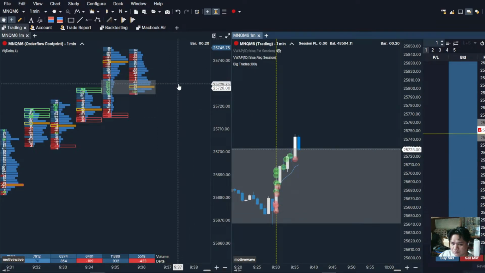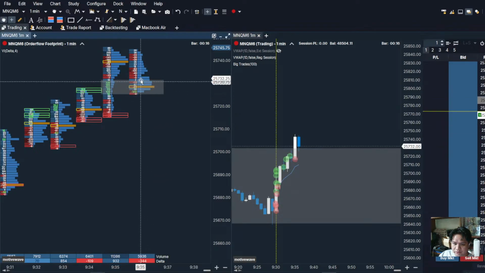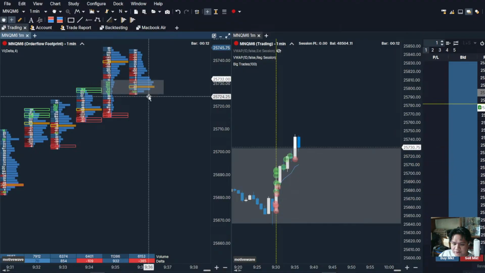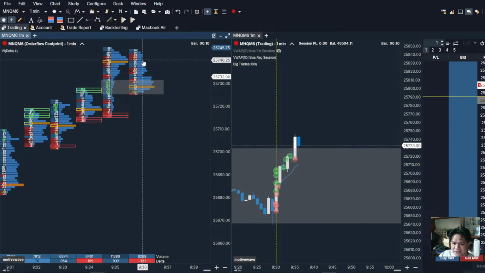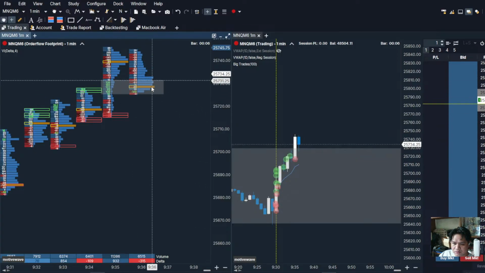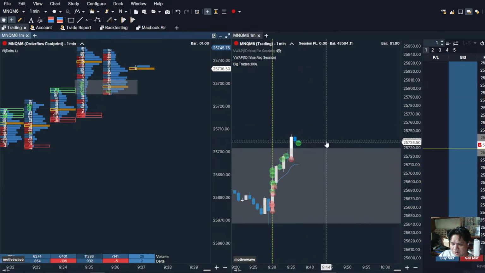Will this hold? Right, sellers are stepping in here. As you can see, the volume profile in this candle is letter B, small b. Sellers are trying to push down, but buyers stepped in at 26, and then here we go. See that?